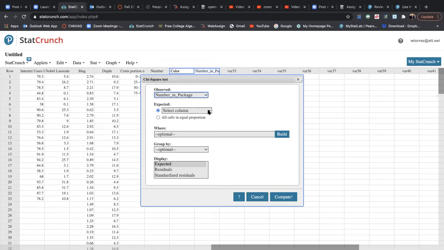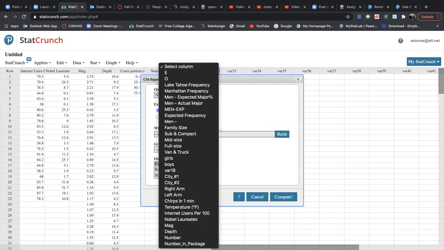And then our expected is given in the color column. Okay. And remember what the percentages were. Okay, so let's go ahead and fill in the correct percentages.